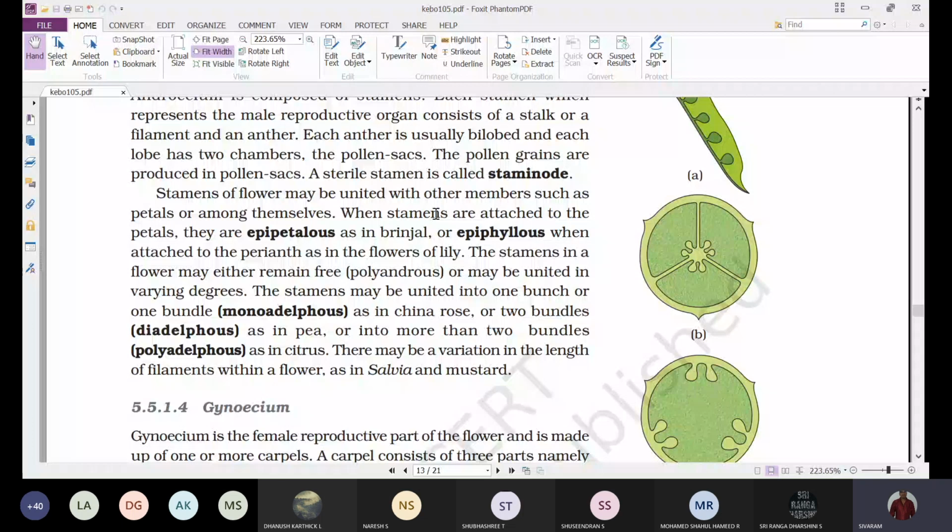If you have a hibiscus or China rose plant in your garden or nearby, go and check. In that we can observe very clearly that the stamens get united with their filaments, but the anthers are free.